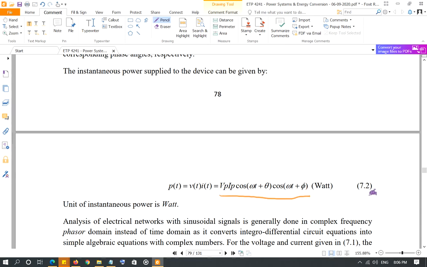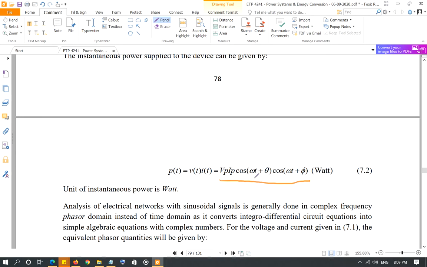When you are analyzing this type of function, cosine A times cosine B, using trigonometric identities, is cosine of A plus B plus cosine of A minus B, divided by 2, as you will see shortly. I'm deriving it for the active power.